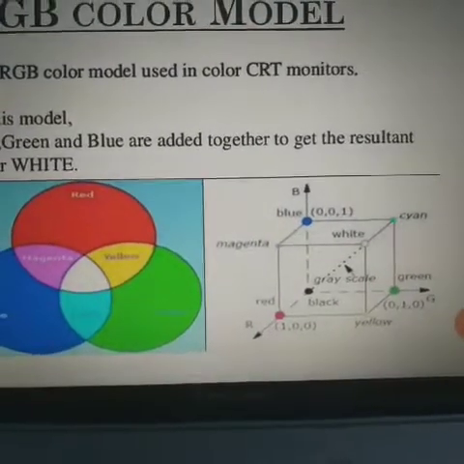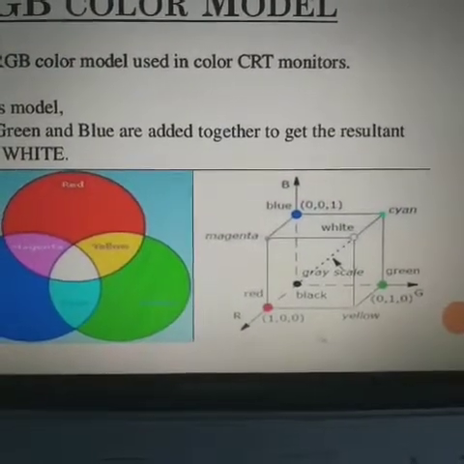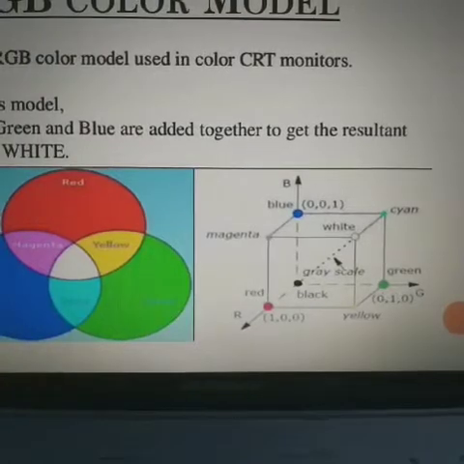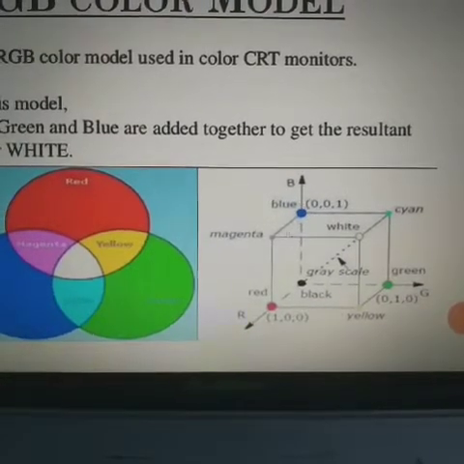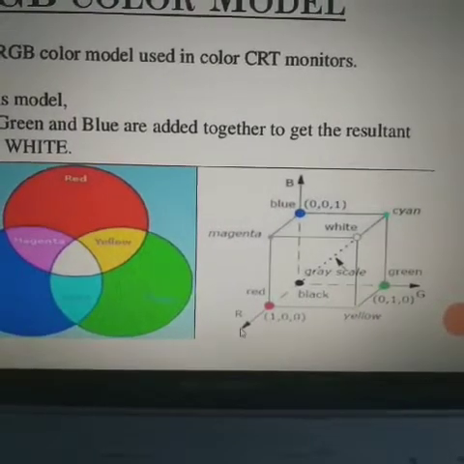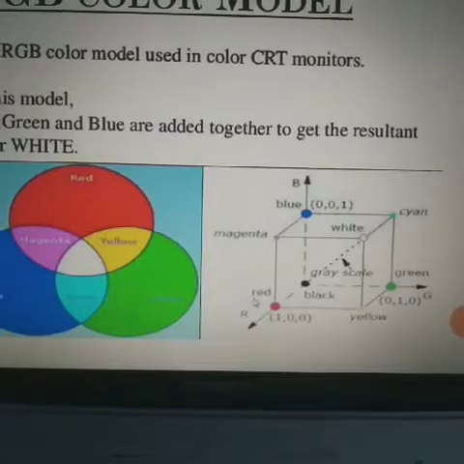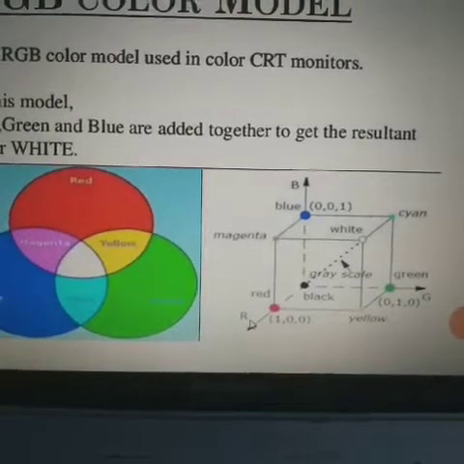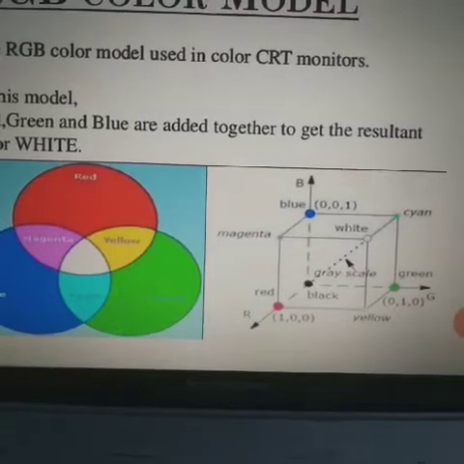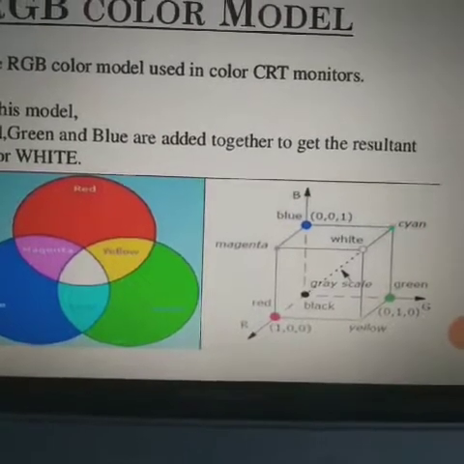We have a cube-like structure with the x-axis represented by green, the y-axis by blue, and the z-axis by red. With the combination of different colors we get different colors. For example, red and blue give magenta, and green and blue give cyan.